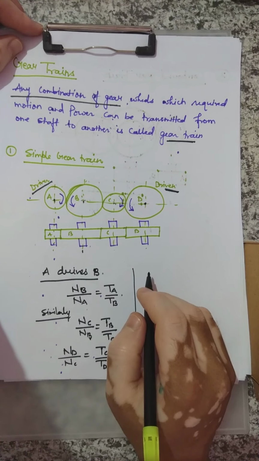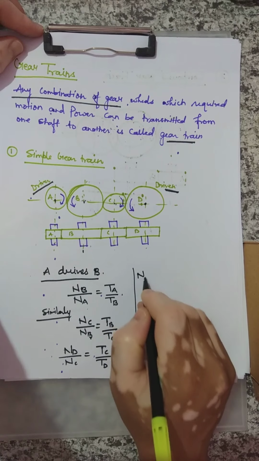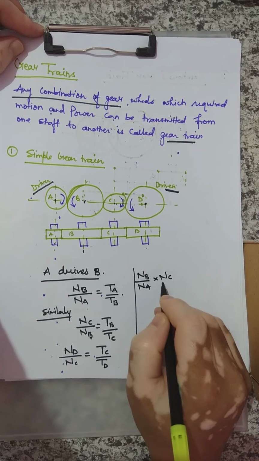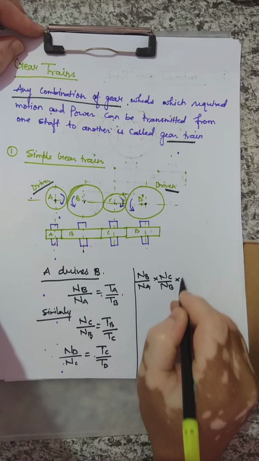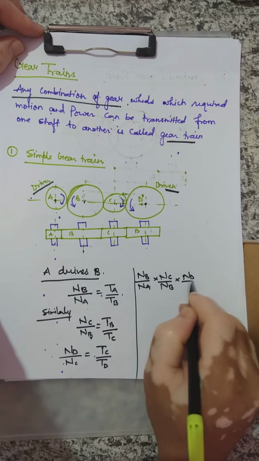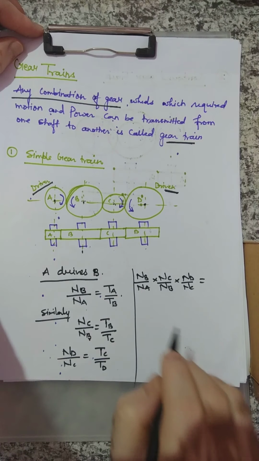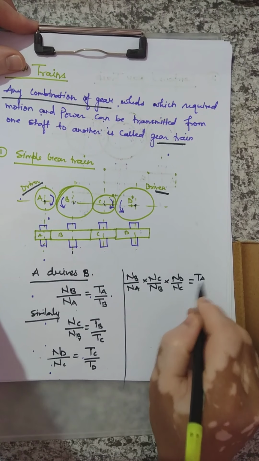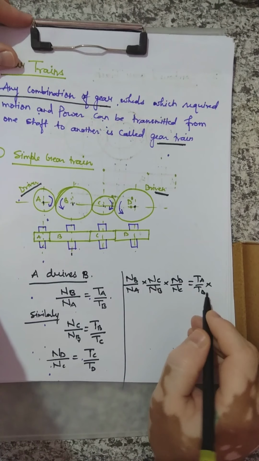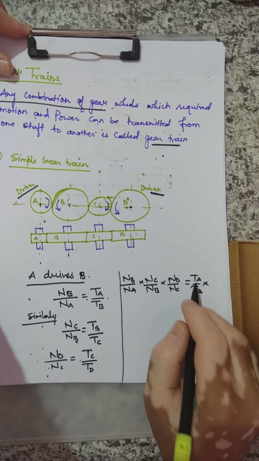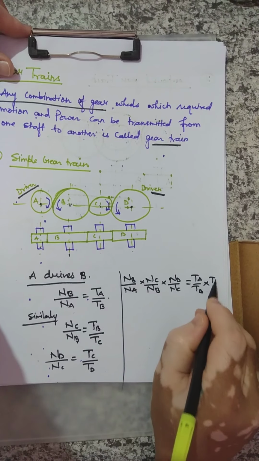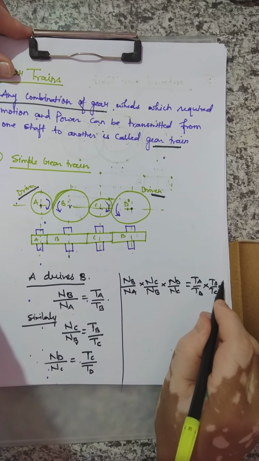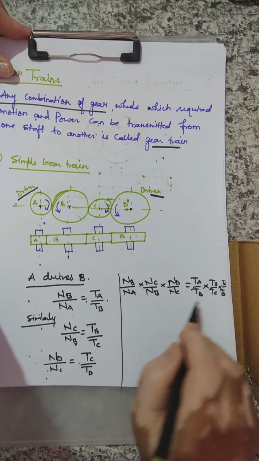Now NB by NA into NC by NB into ND by NC is equal to TA by TB into TB by TC into TC by TD.